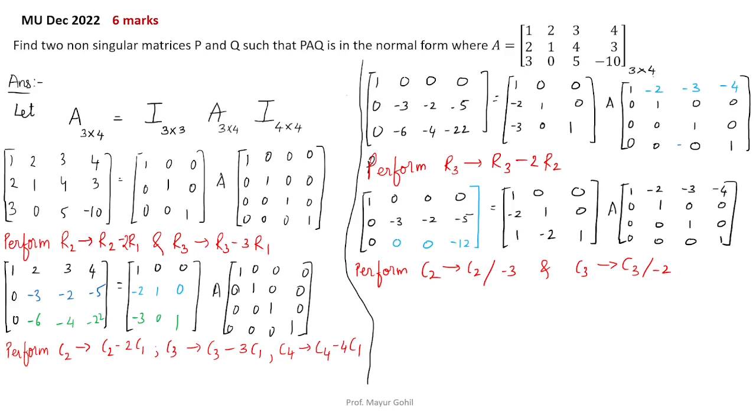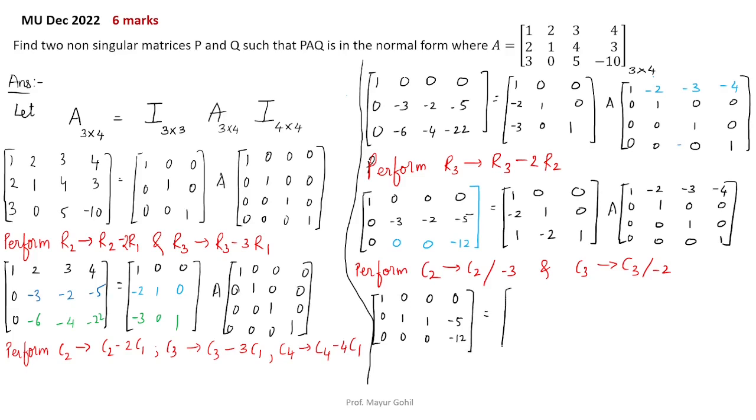That's what I can do easily. So what I get in terms of matrix is 1 0 0 0, 1 0 0 1, 0 0 minus 5 minus 12.